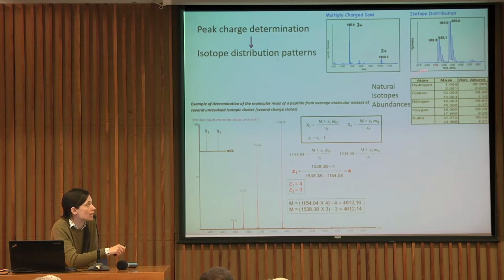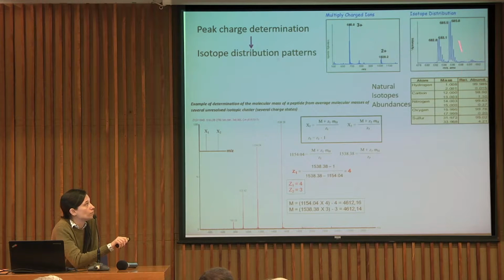For example, in the case of hydrogen, 99.985% of the atoms will have a mass of 1 dalton, but there's a minimum percentage, 0.015%, that will have 2 daltons.